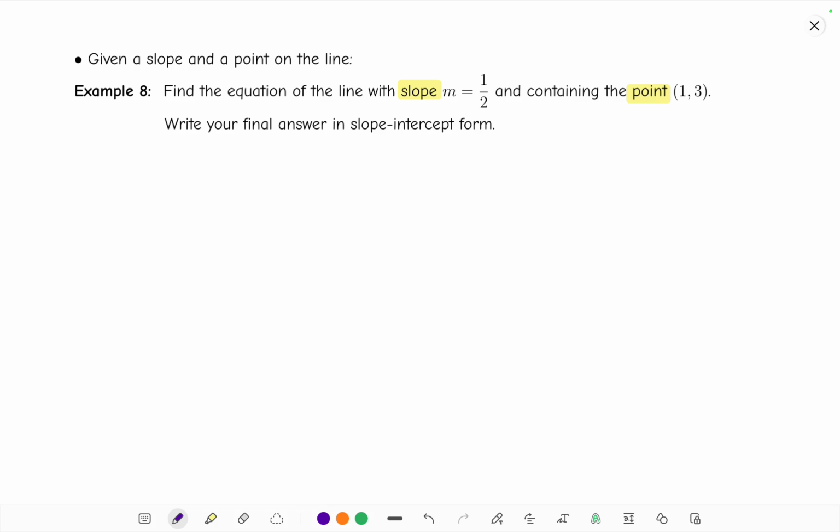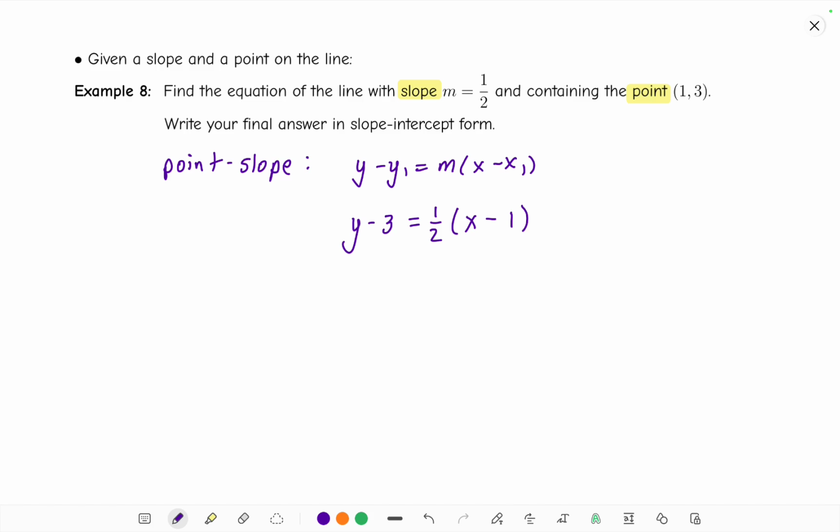Because we were given a point and a slope, we're going to use point-slope form, which is y minus y1 equals m times x minus x1. So y1 is the y value of the point, so 3. M is the slope, so 1/2. And then x1 is the x value of the point, so 1.